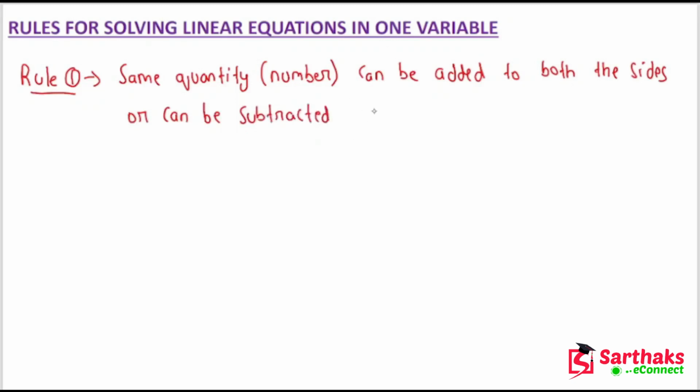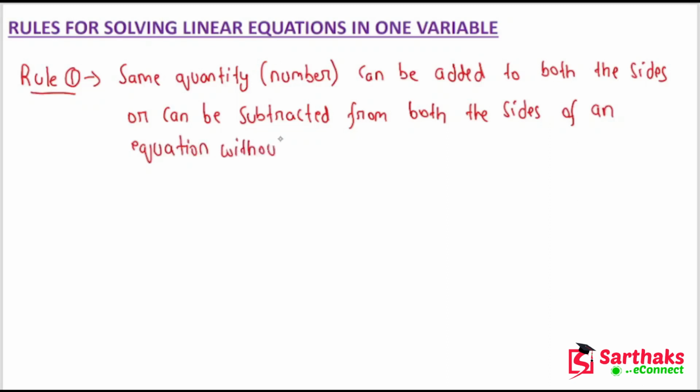So the combined rule says that you can add the same number to both the sides, or you can subtract the same number from both the sides of an equation without changing the equality.